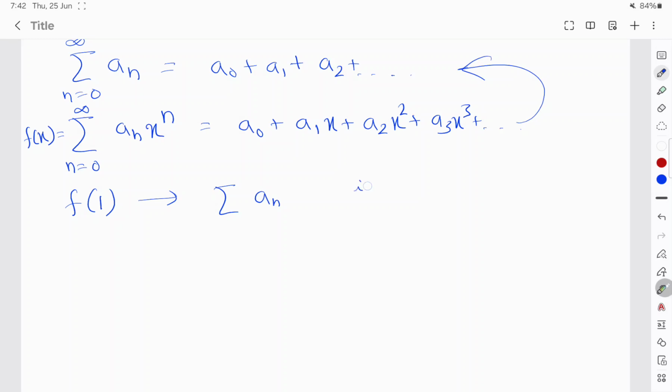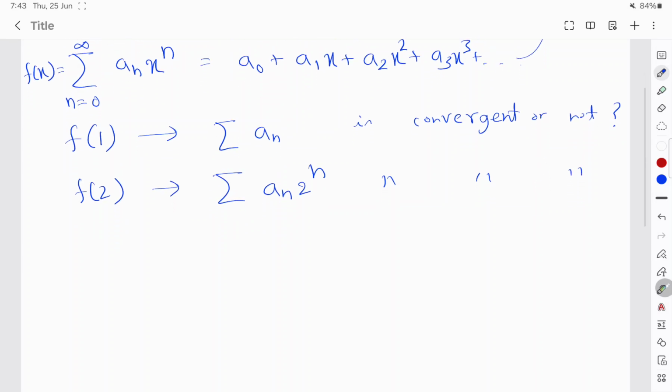That we can check from the series chapter. There are multiple tests, right? Instead of that, if you consider f of 2, this becomes summation a_n into 2 to the power n, right? So the same question: is this convergent or not?